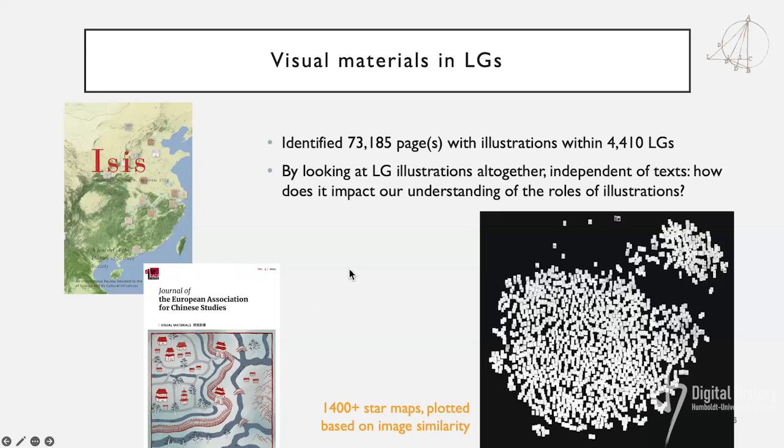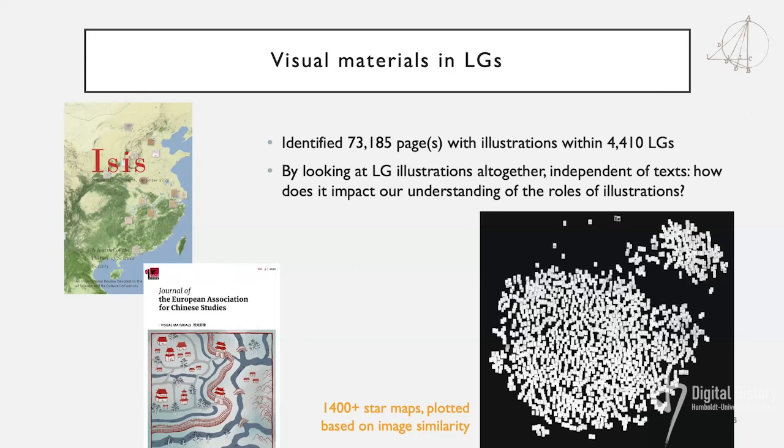So basically, what we did is that we identified around 70,000 pages with illustrations from the 4,000 titles. And then what we ask is that by looking at these illustrations all together, independent from their context. So we pull them out from their own context, but then we put them together.